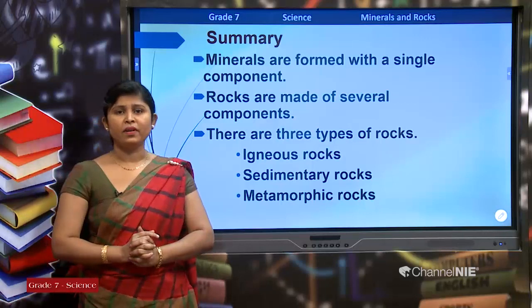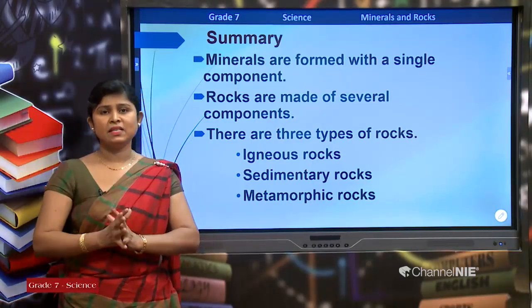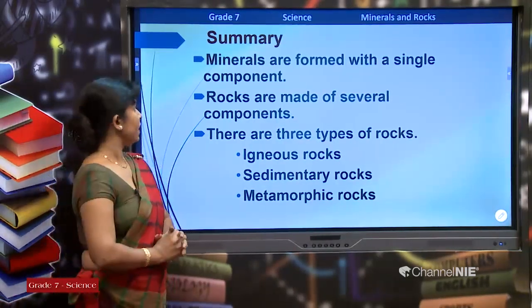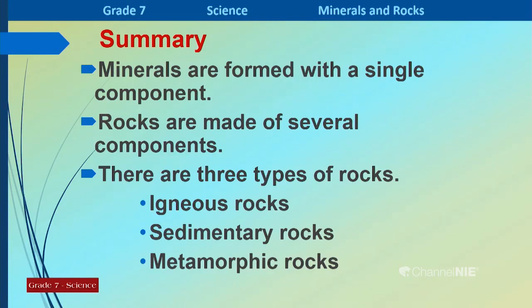My dear children, now I am going to summarize the lesson in this way. Minerals are formed with single components. Yes, you all can remember. I explained it to you several times. Rocks are made of several components and there are 3 types of rocks. Then you have to recall that they are igneous rocks, sedimentary rocks and metamorphic rocks.